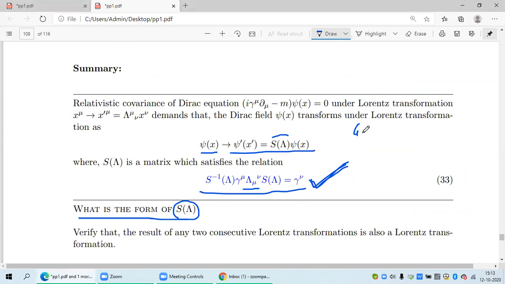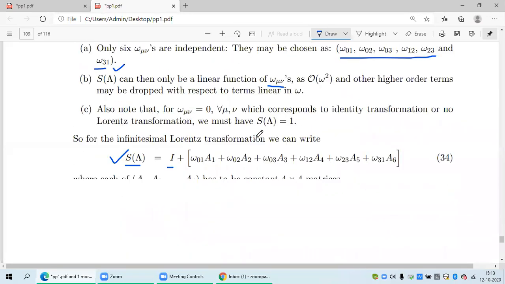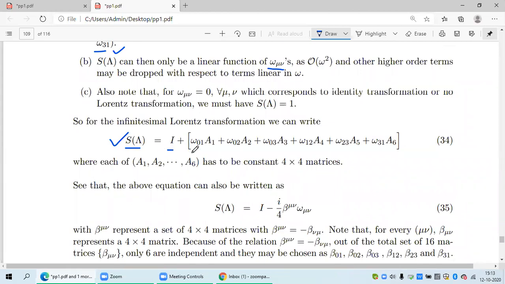When omegas are 0, S of lambda must be an identity matrix, so that no Lorentz transformation means omega equal to 0, and therefore psi prime of x prime and psi of x are identical. Therefore this identity is sitting there, and this part, which is the non-identity part, the contribution from the infinitesimal Lorentz transformation, must be linear in these parameters, because we have taken an infinitesimal Lorentz transformation. Clear?